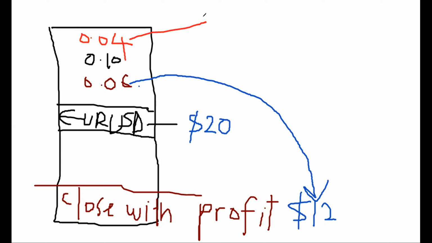So this 0.04 will now be left running with the other profit, which is $8. When you take away $12 from $20, that gives you $8. So if that 0.04 hits take profit, glory be to God. But even if that 0.04 hits stop loss, you don't have to feel bad. Why? Because you have booked $12 already in your profit margin.